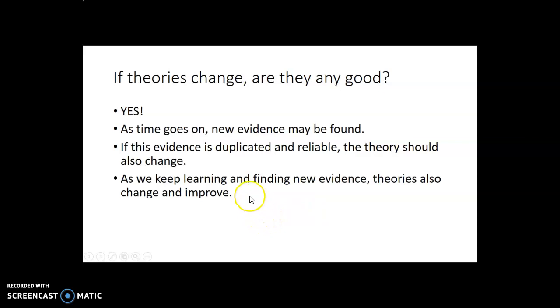And this is not a sign of weakness. This is not anything bad about theories. It is what it is. As our technology gets better, as our research gets more and more detailed, yes, we're going to make new discoveries and find new evidence, and that may end up changing our theories a little bit as we go on.